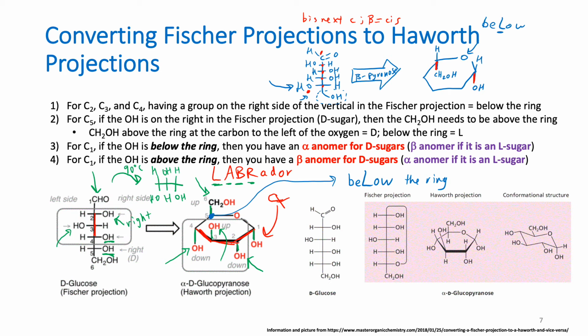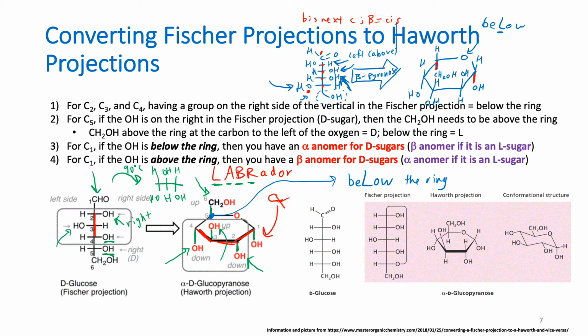And so what we're looking at is this one, and that one. And in this one, it's left, which means it's going to be above, according to Labrador. The next one is right, which means it's below. And then the final one right here is right also, so it's also going to be below as well.